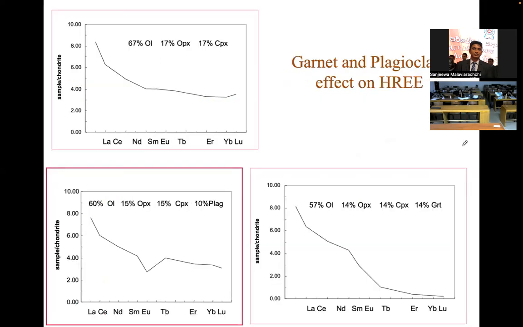You can see both effects, garnet and plagioclase, happening in a rock. In this case, the light rare earth elements are heavily enriched relative to the heavy rare earth elements, so this rock does not have garnet.